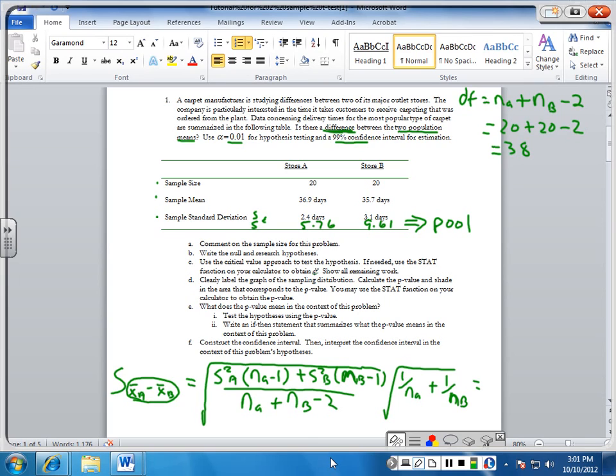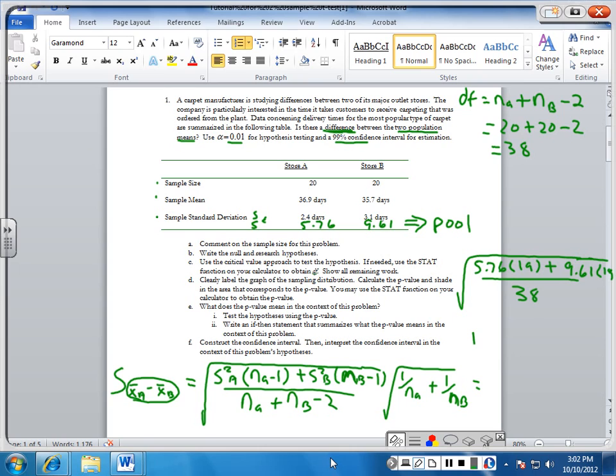And that's equal to, I'm going to put it up here, the square root of 5.76 times 19 plus 9.61 times 19, all that divided by 38, that's NA plus NB minus 2.